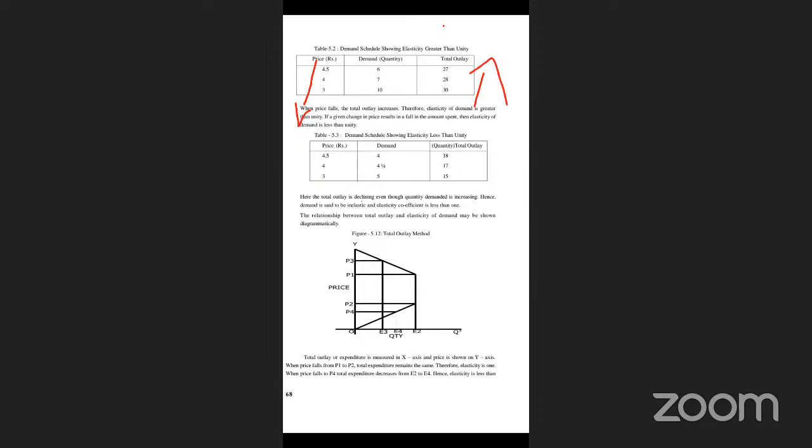Therefore, it is said that elasticity of demand is greater than unity. If a change in price results in fall in the spending habit, the elasticity of demand is less than unity. That is the other case where E is less than 1. And you can see here the next table, which is showing you the other case. Now you look at 4.5.